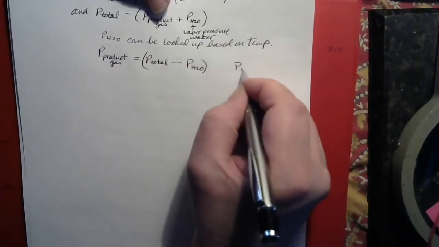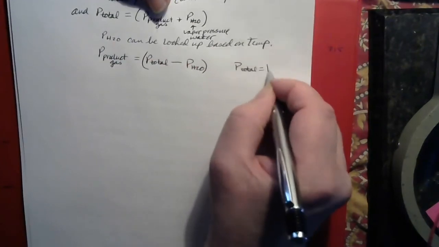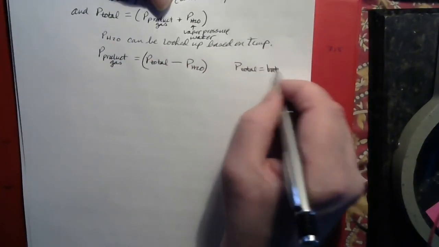And P total is the atmospheric or the barometric pressure.